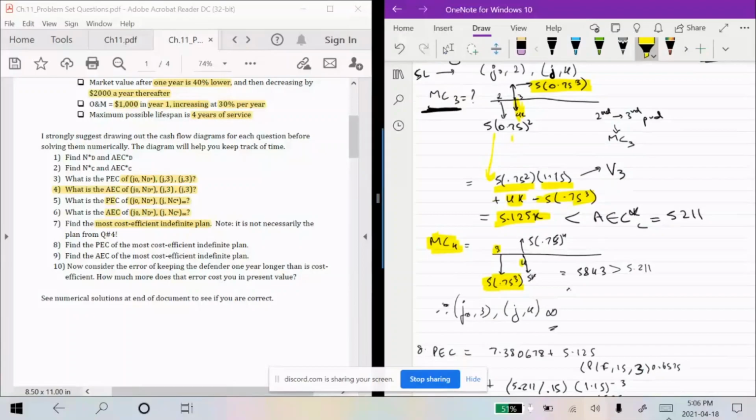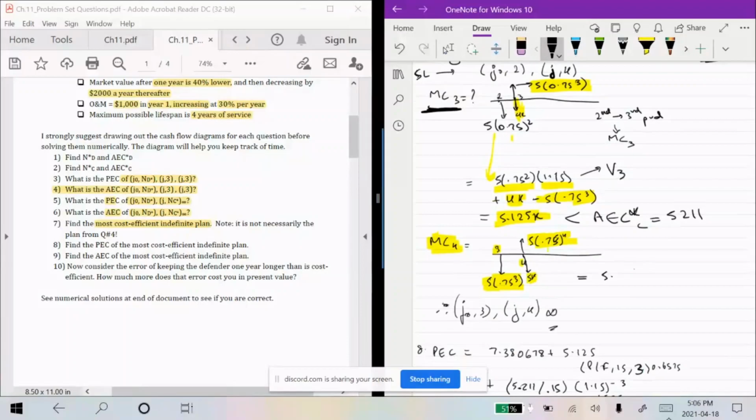Next is the 5K, which is the operating charges in the fourth period, and the salvage value in the fourth period, that is 5 into 0.75 raised to the power 4, because again, it decreased by 25%. You calculate this using the same formula. I'll write down here, one second.